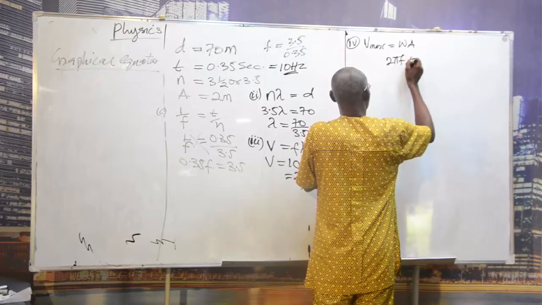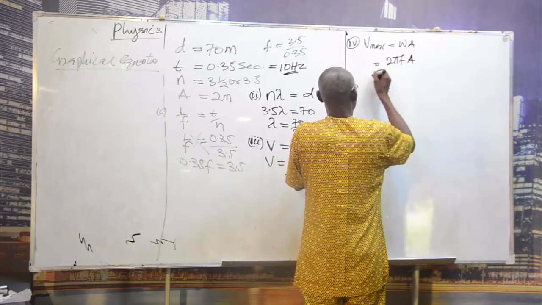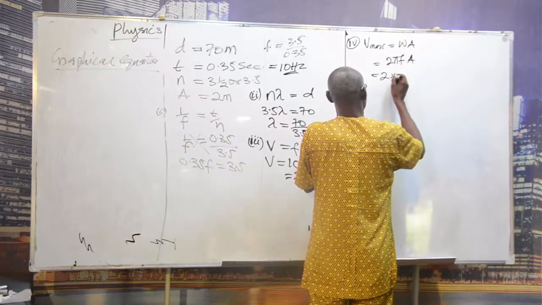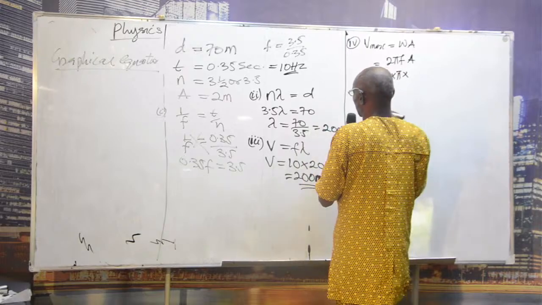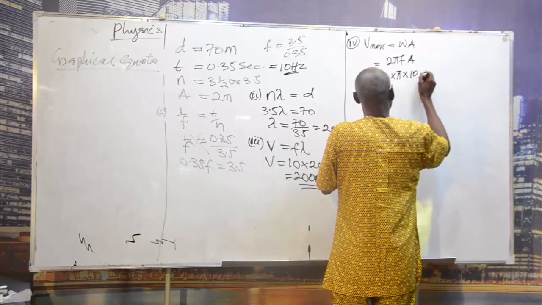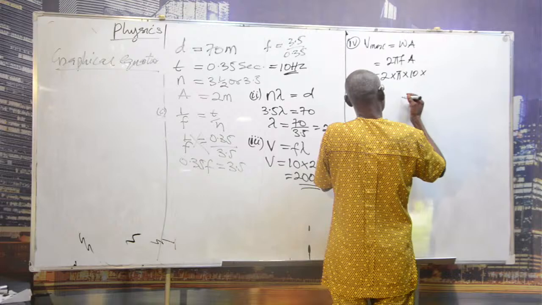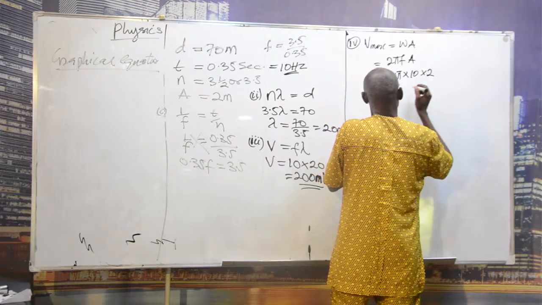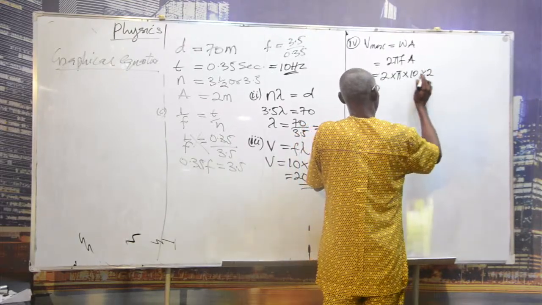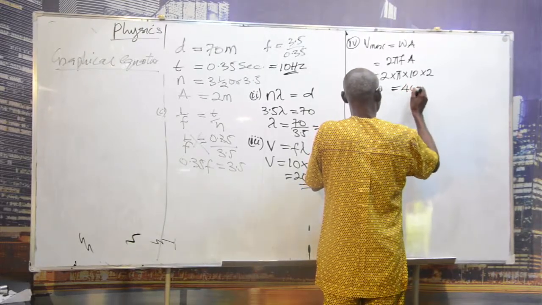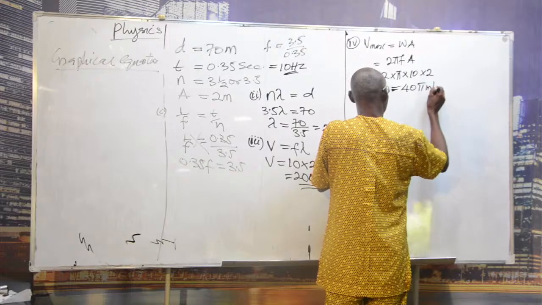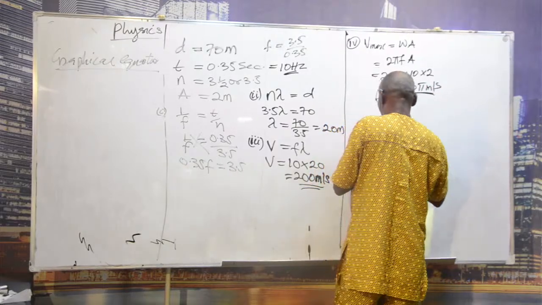Then multiply by A. So 2 times pi times f, which from the board is 10, times the amplitude, 2. 2 times 2 times 10. So I have 40 pi meters per second as the maximum speed.